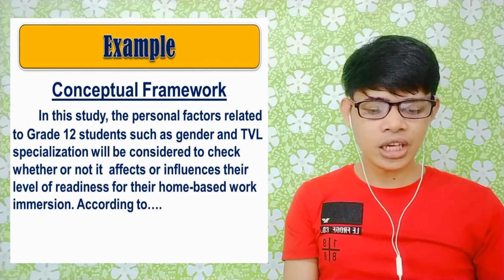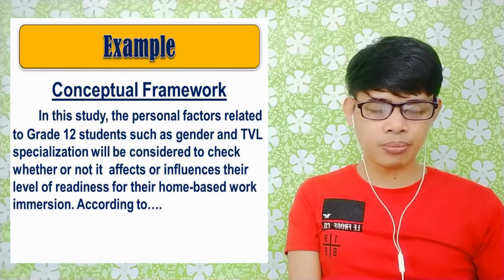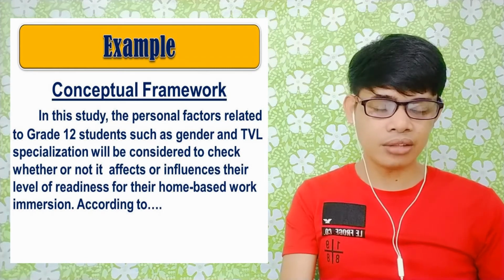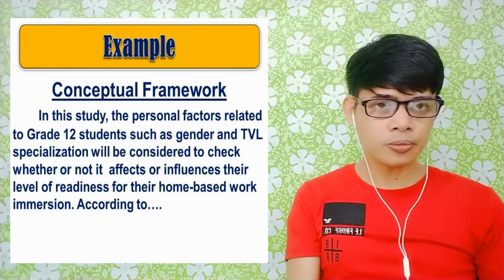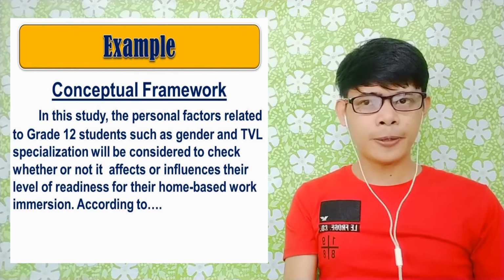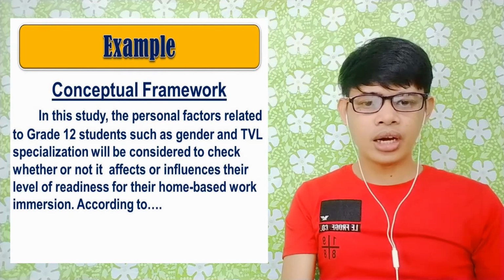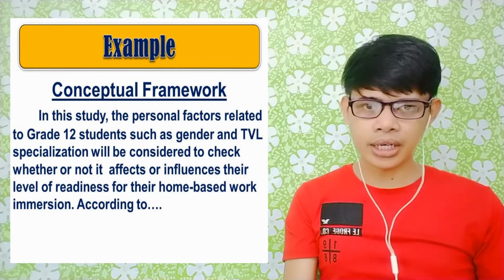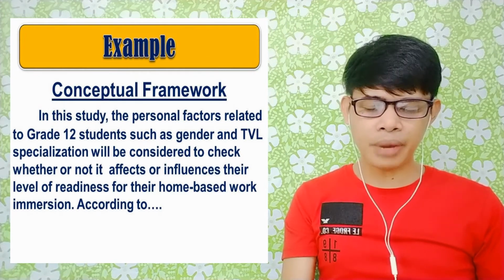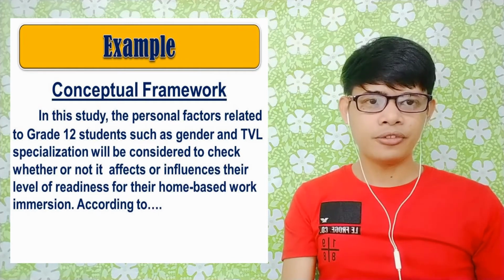So readiness here would be your dependent variable. So you are now establishing the relationship between your independent and the dependent variables. And you can add also sources according to, okay, it would be better if you have some research studies already conducted to support this paragraph of your conceptual framework.